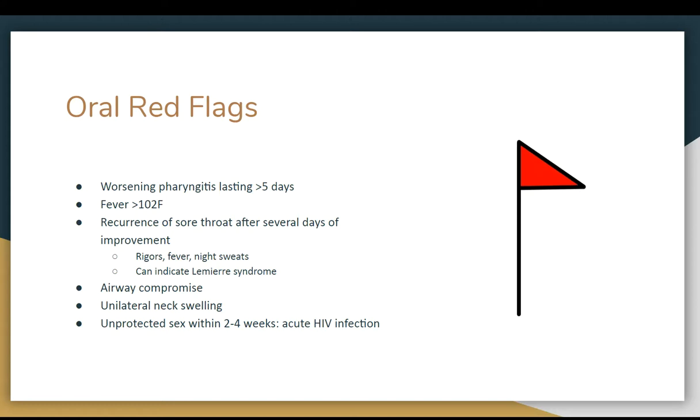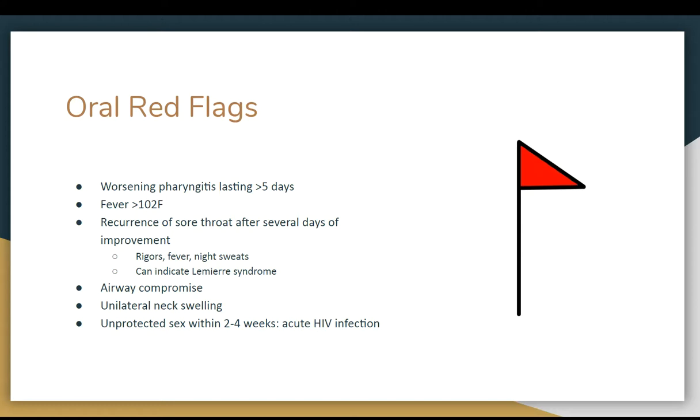So if you see that, or if the patient's just continually getting worse despite treatment, that's something to be concerned about. Fever over 102 is more likely to be a bacterial or more severe infection. If the sore throat comes back after several days, again, especially if it's associated with severe fever, chills, or night sweats, that can indicate Lemierre syndrome with the Fusobacterium species infection.